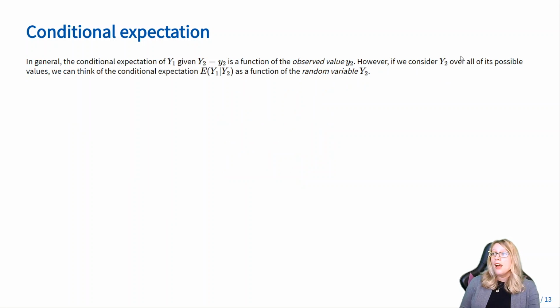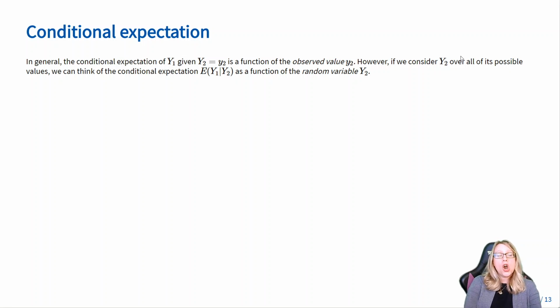Awesome. Let's say that we don't necessarily have that conditional distribution, or that the conditional distribution takes on a different form. Think about it like this. In general, this conditional expectation of y1 given y2 is actually a function of the observed value y2.